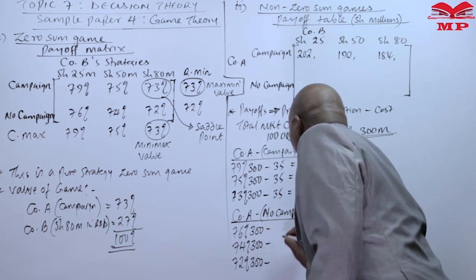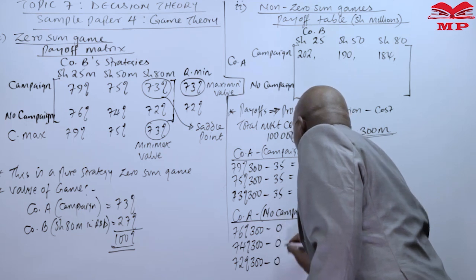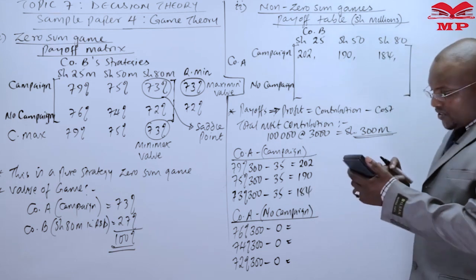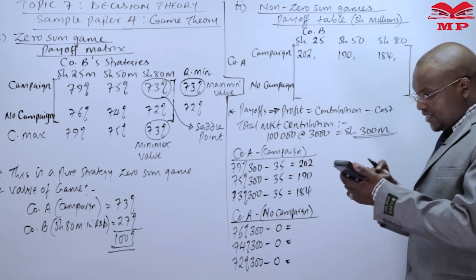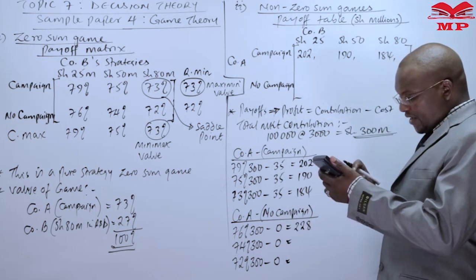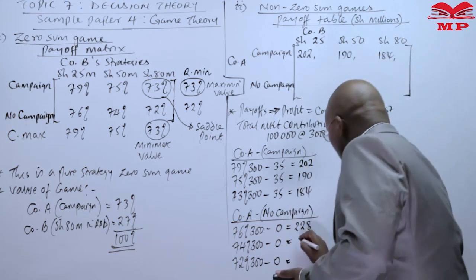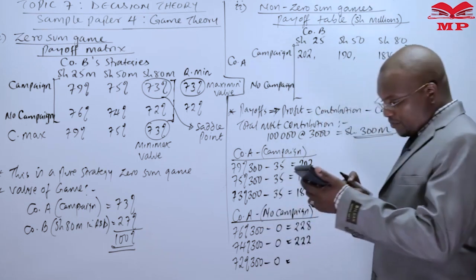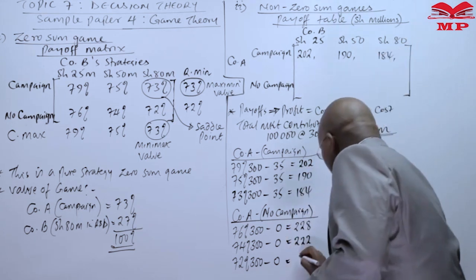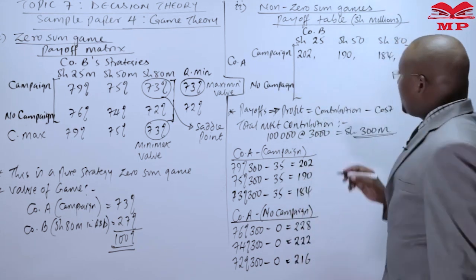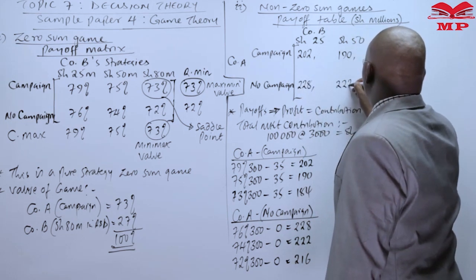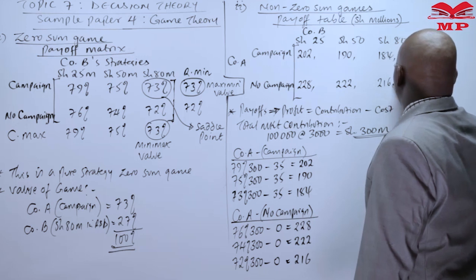There is no cost this time, no cost of campaigning, and therefore we'll just subtract 0. This will be 0.76 times 300, which gives us 228. This is 0.74 times 300, giving us 222. And this is 0.72 times 300, giving us 216. So this will give us 228, 222, and 216.